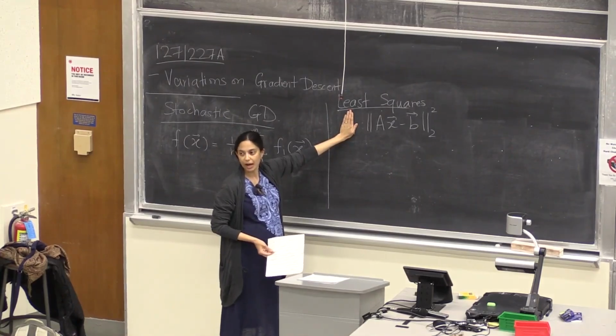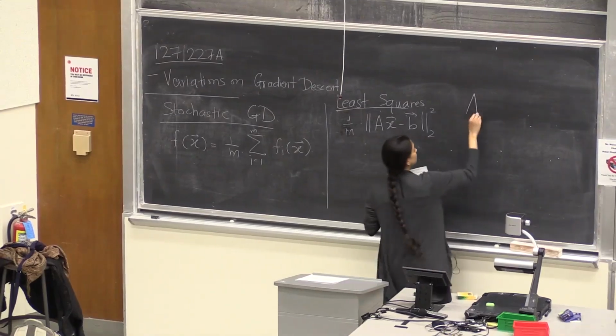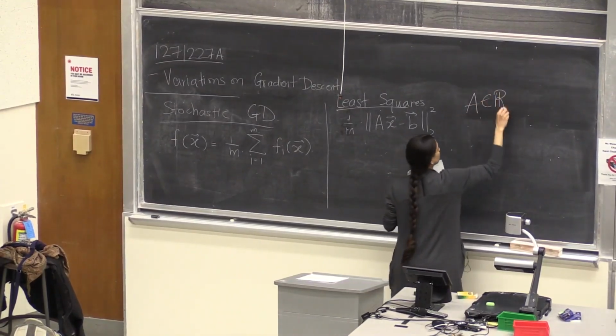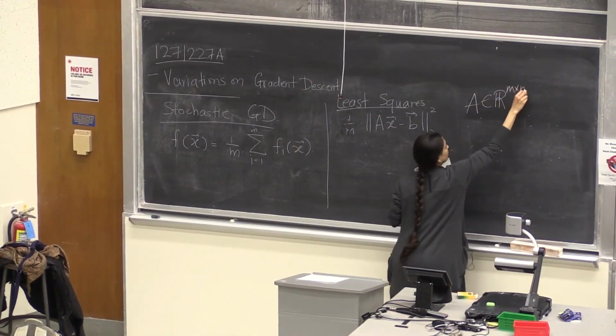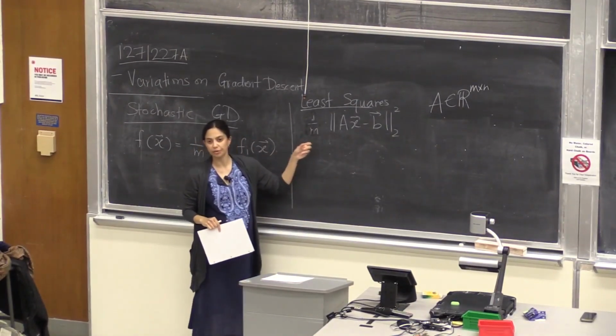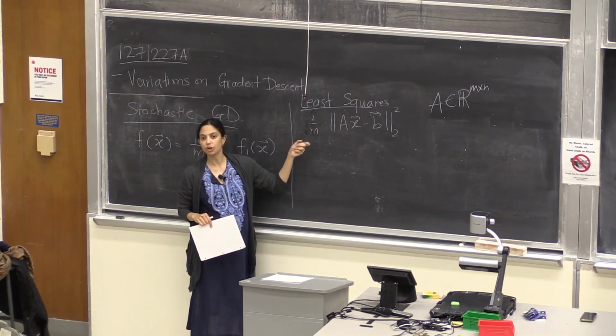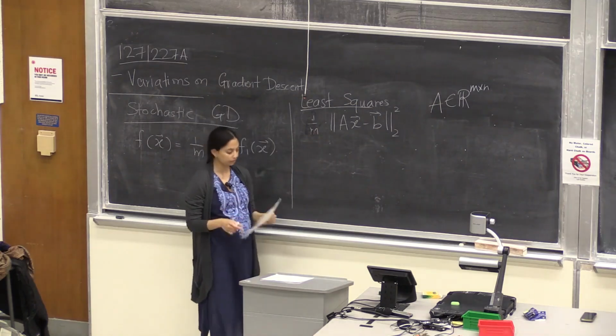But if I have m rows in A, does putting this 1 over m in front change my optimum point in any way? It's just a constant, right? Minimizing f of x is the same as minimizing 1/2 f of x. So it doesn't matter. So this is my least squares objective.